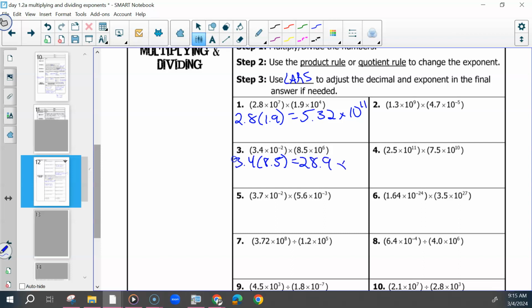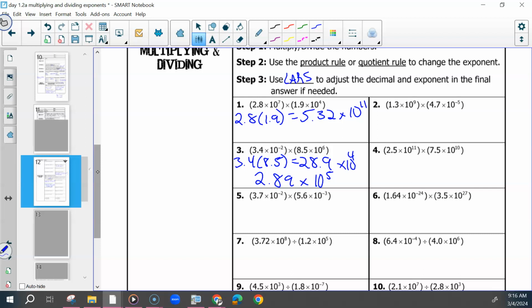And then our new decimal would be 4. This is not in scientific notation because the decimal place isn't between 1 and 10, so you have to change this, move this to the left, add 1 to the exponent. So if you get something not in actual scientific notation, make sure you change it. But if it's already in, then you're good.